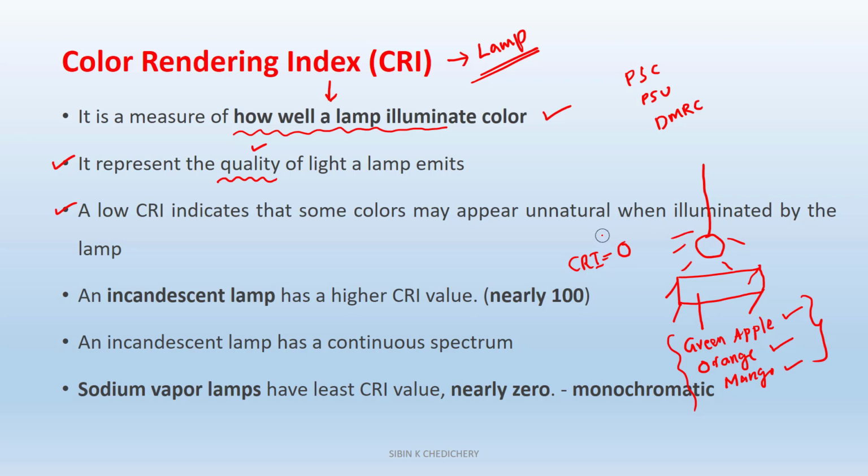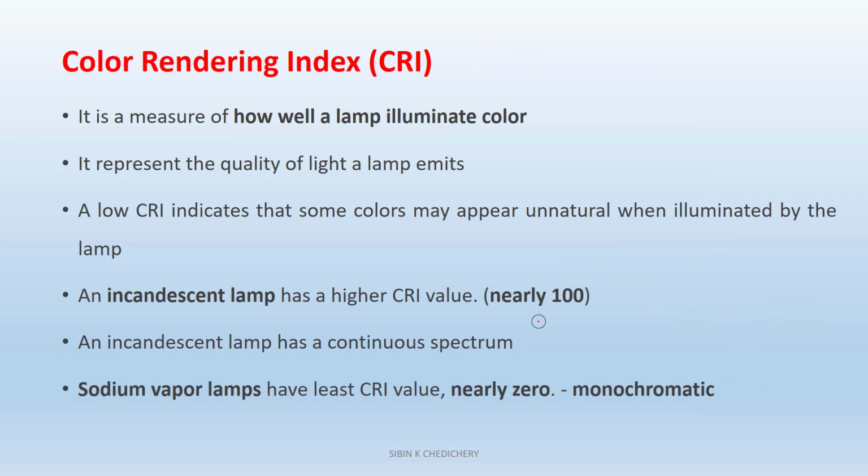Suppose you take a lamp with a CRI value of 100, what will happen? We can identify the real color of these objects. So you got some idea about the CRI value. A lamp with a high CRI value will illuminate the real colors of an object, right? That's the point.